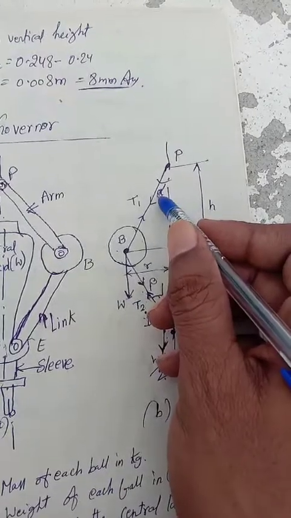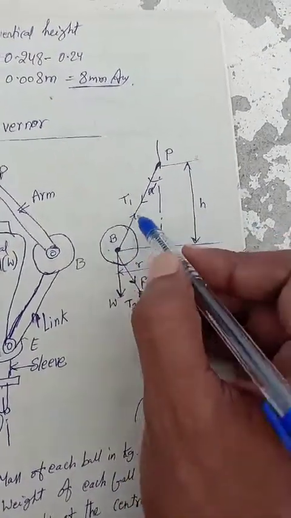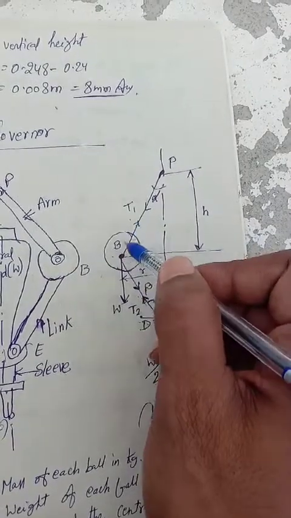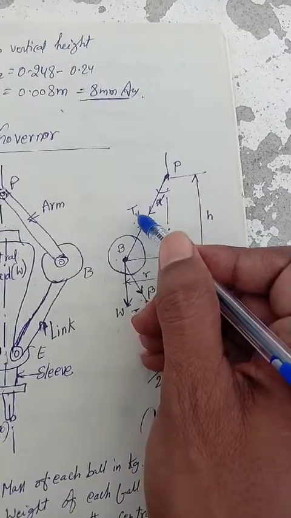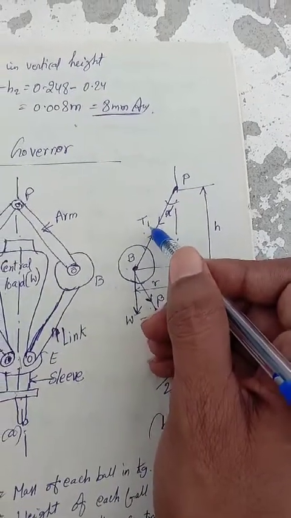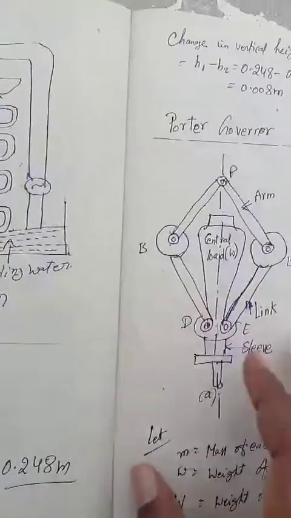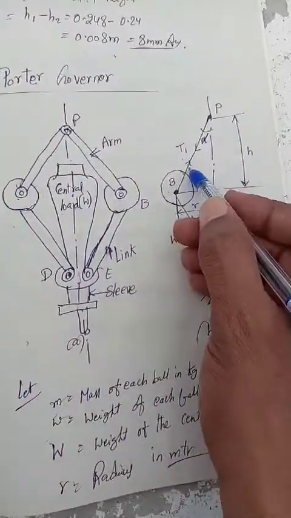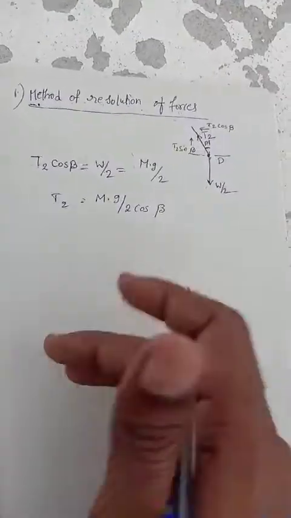Alpha is the angle, so we can resolve this force. Resolving means we get T1 cos alpha and T1 sin alpha.